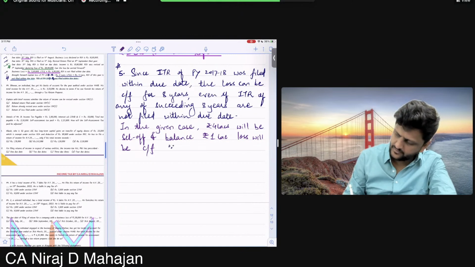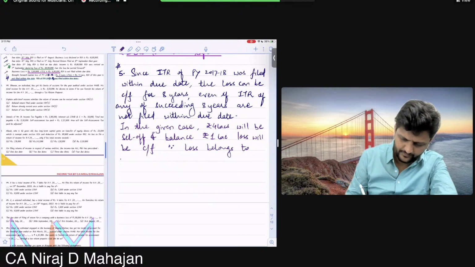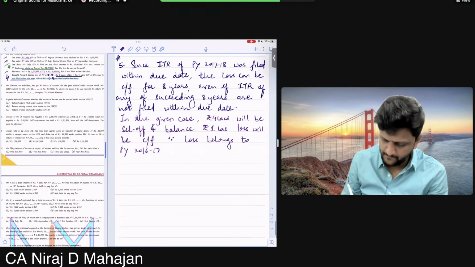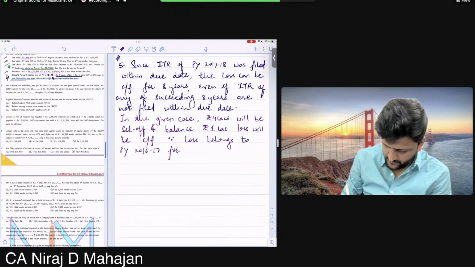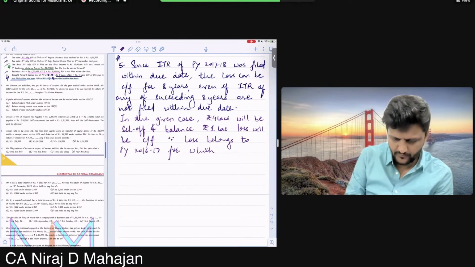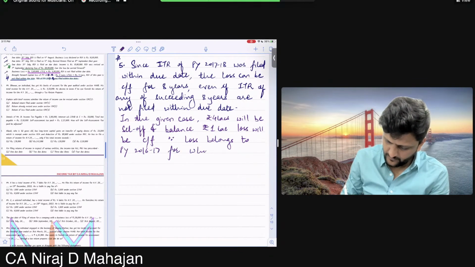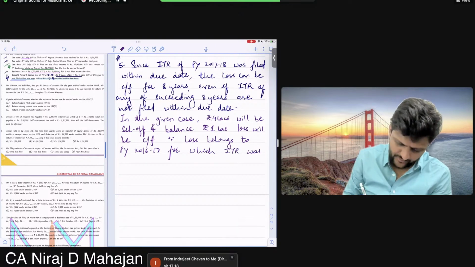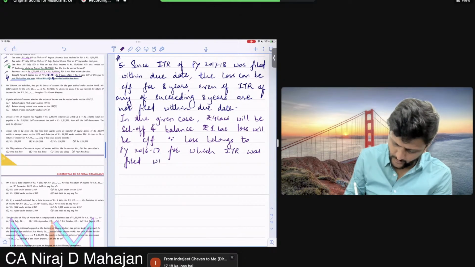Since loss belongs to PY 2017-18, for which ITR was filed within due date.